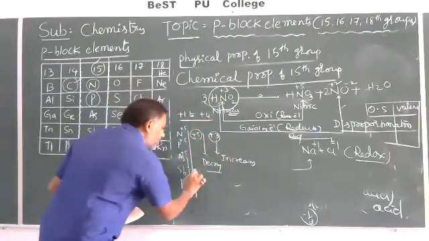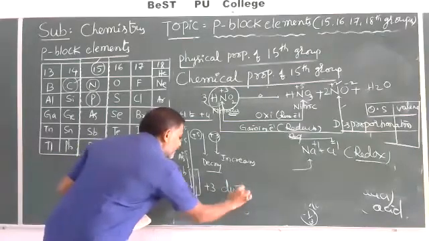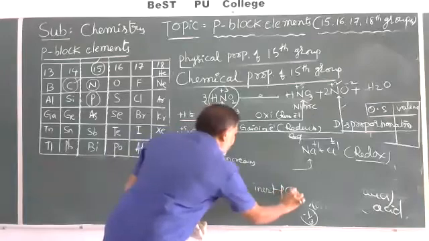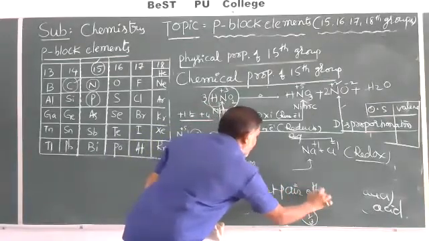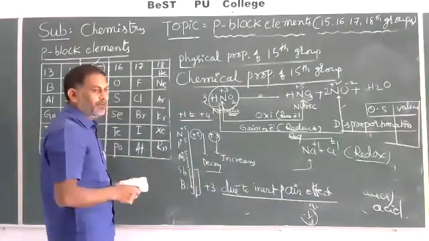The reason is that they show a maximum of plus 3 due to the inert pair effect. It is very, very important. So what is the inert pair effect?